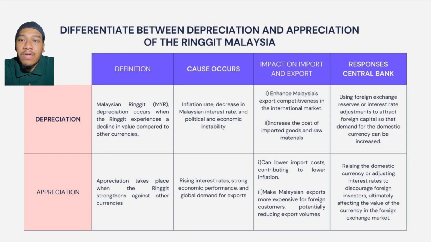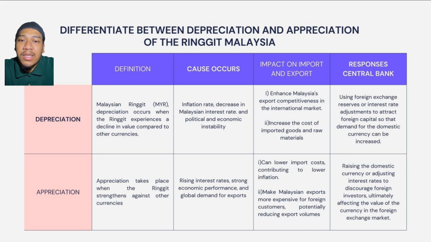The cause of depreciation is due to several factors such as inflation rate, decrease in Malaysia interest rate, and political and economic stability. For example, if the inflation rate is higher in Malaysia compared to its trading partners, it can reduce the purchasing power of the ringgit and indirectly lead to depreciation.